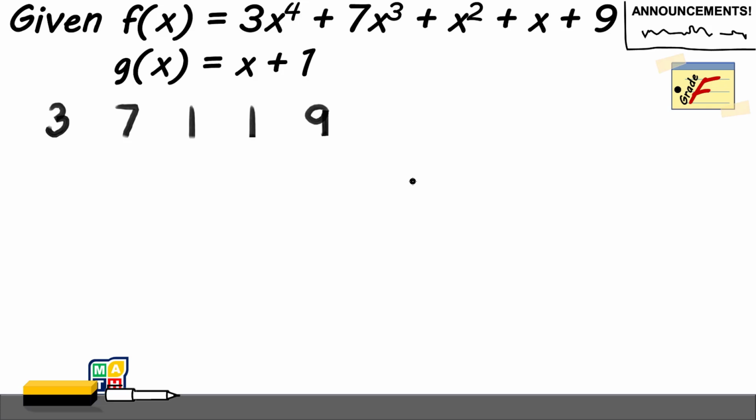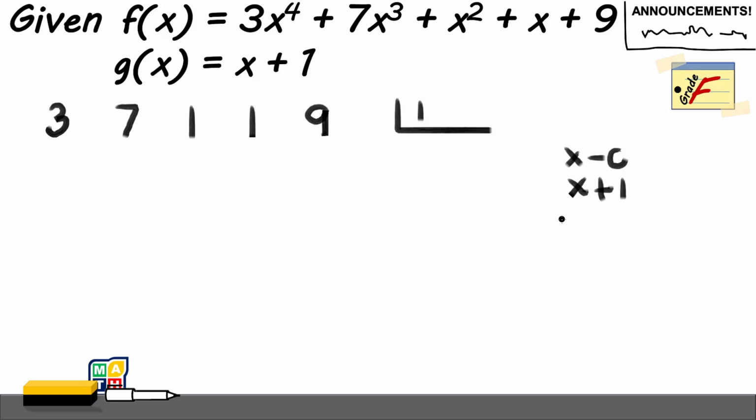The second condition for synthetic division is to place a certain c in this box. The certain c is in this form, x minus c, which is taken from our divisor. Our divisor is x plus 1. So first, we need to identify the value of c. Take note that our operations here are not the same, and you cannot say that our c here is 1.